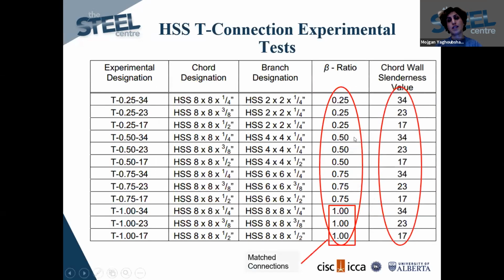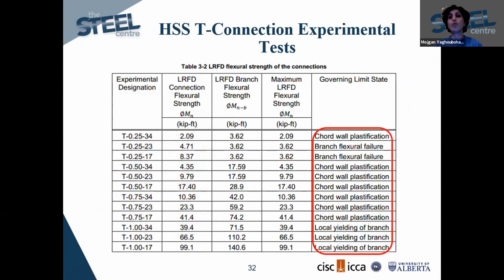These are the geometrical properties of all the connections covered in the experimental program, and the connection capacities were also calculated to identify the mode of failure governing each connection.